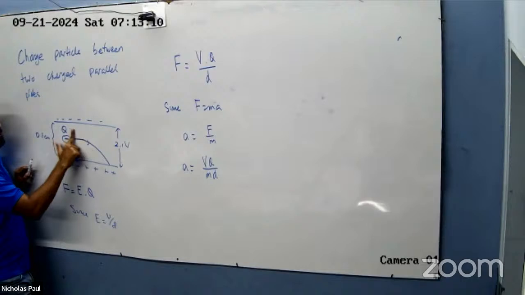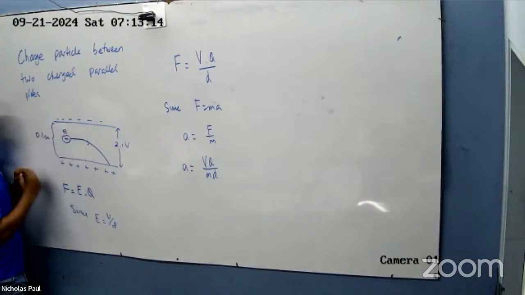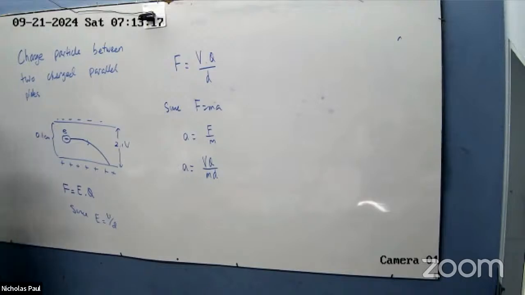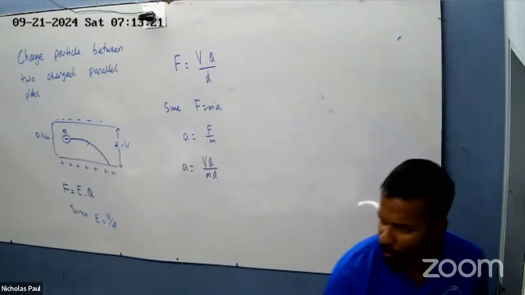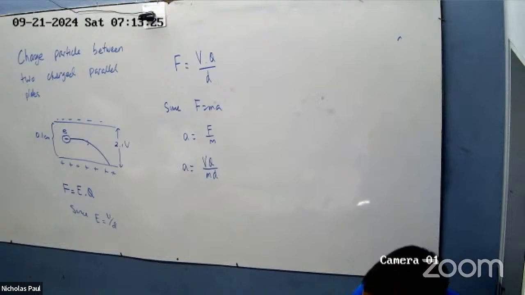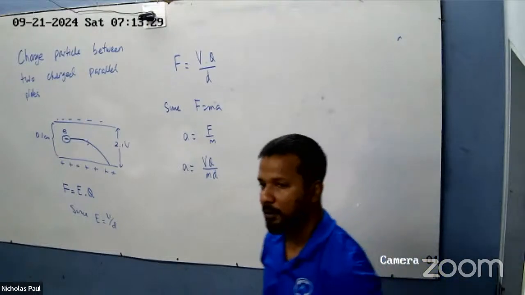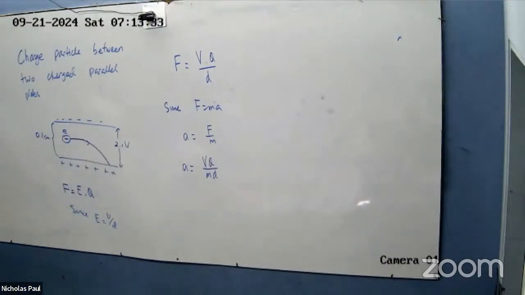All right. Let me make it simple. Let's just say it's an electron. What's the mass of an electron?